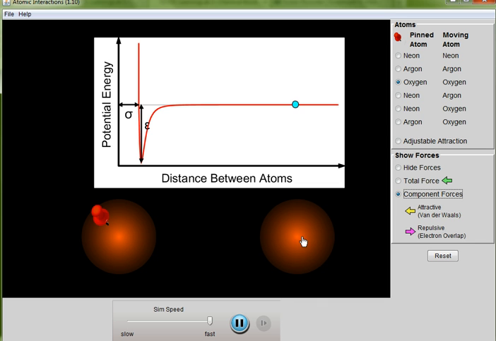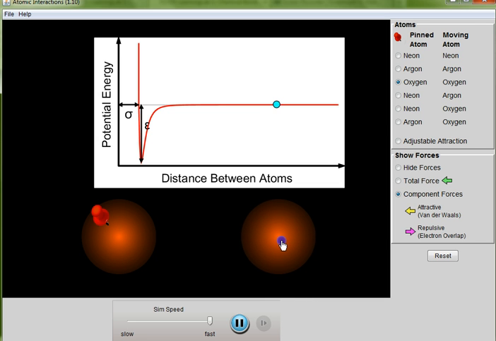These two forces are going to repel each other, because electrons are negatively charged, and the electrons on the other atom are also negatively charged, so the negative charges of these two atoms will repel each other. Similarly, nuclei are positively charged, and they are going to repel each other.